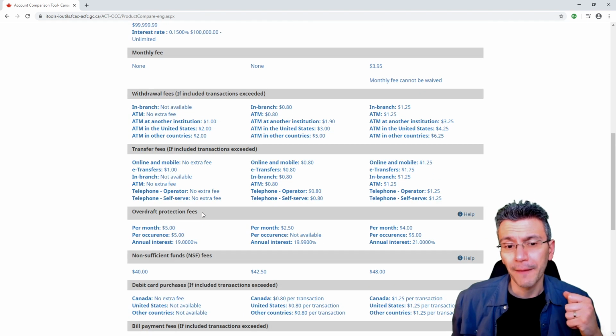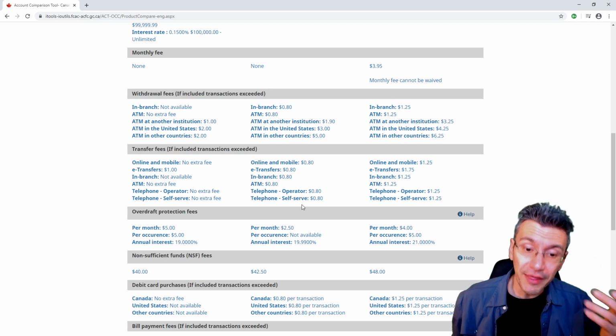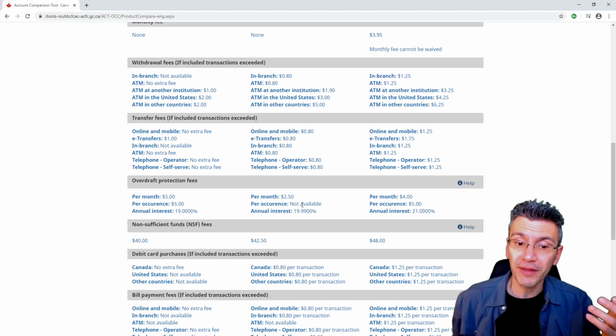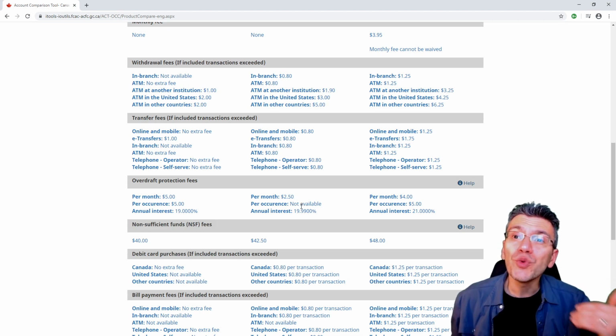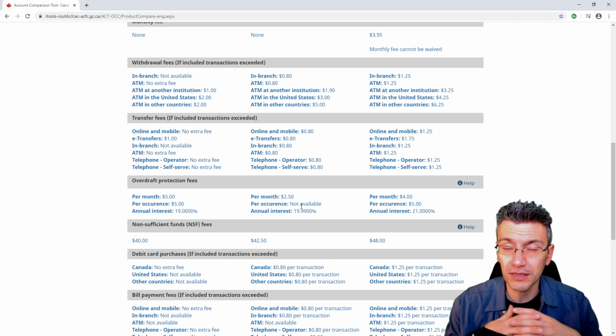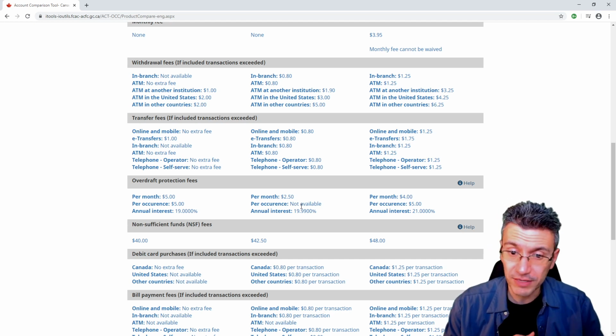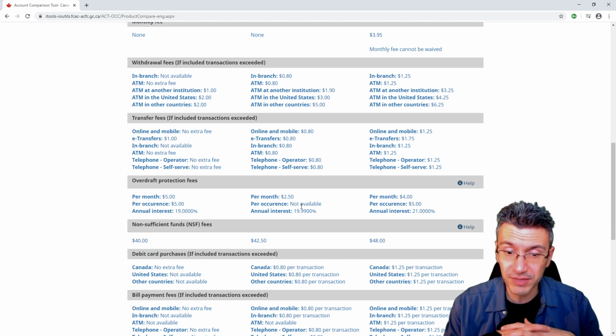All right. Now, overdraft protection: some of these will charge you a monthly fee no matter what. Some banks, however, do charge you that monthly fee if and only if you don't pay off the balance that you owe by 11:59 p.m. on the same day. So if you're able to pay it off on the same day, then you don't owe anything.